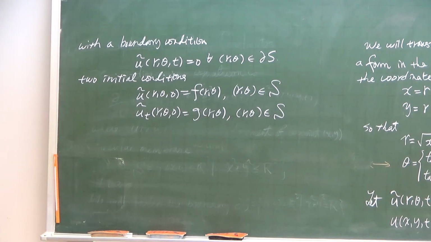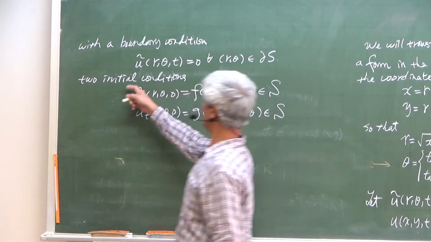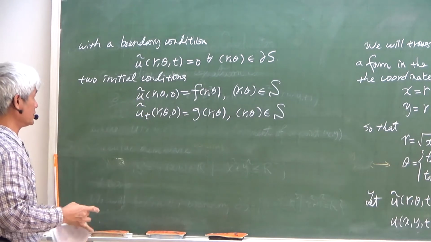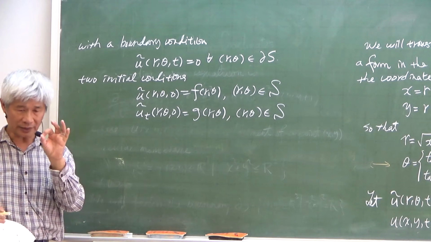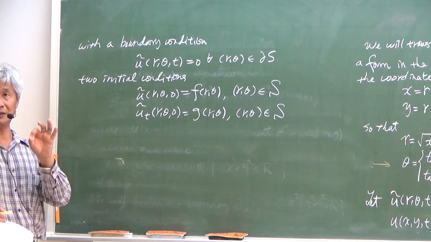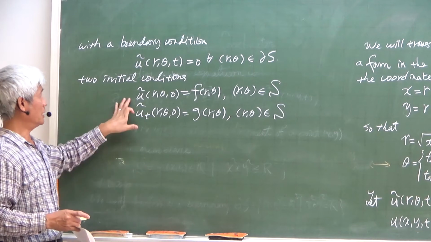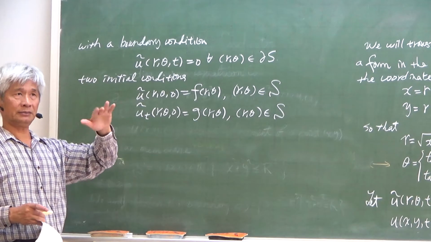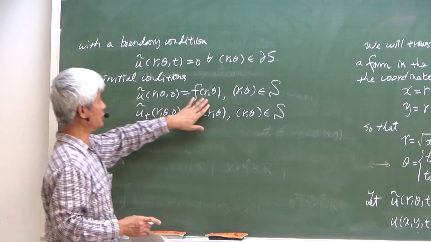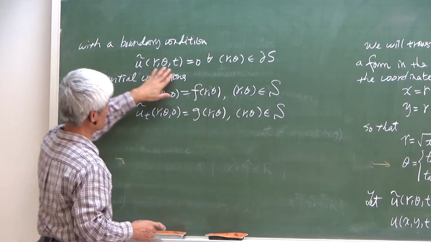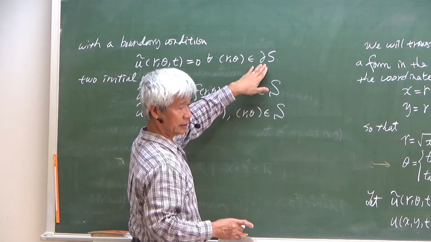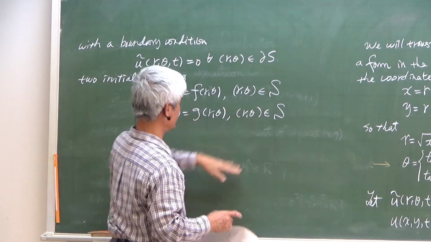But for the initial conditions, we will find solutions such that the displacement and the velocity at the origin, at the center of the circular membrane, should have some value. Okay, so we have the initial conditions and we have boundary conditions along the boundary of the circular disk.